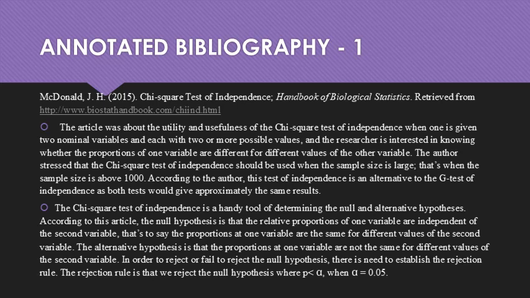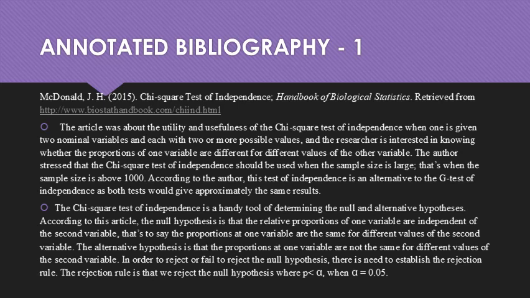According to this article, the null hypothesis is that the relative proportions of one variable are independent of the second variable. That's to say, the proportions at one variable are the same for different values of the second variable. The alternative hypothesis is that the proportions at one variable are not the same for different values of the second variable.